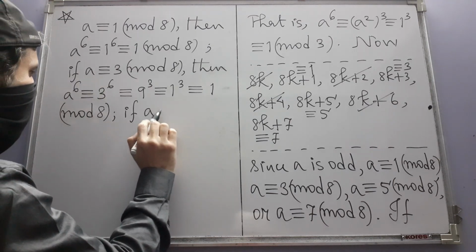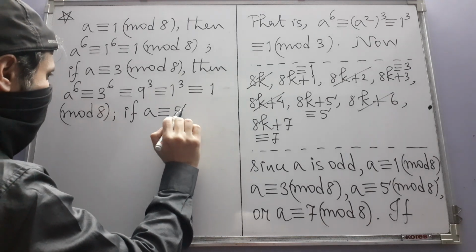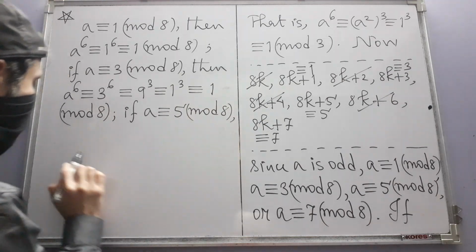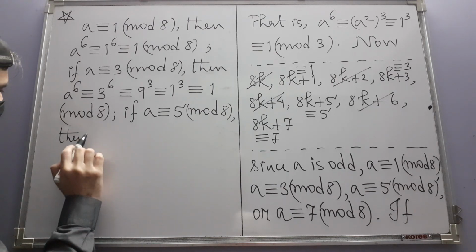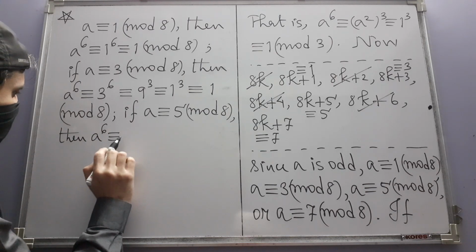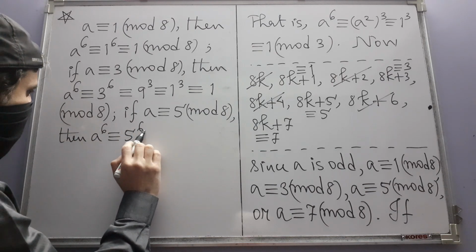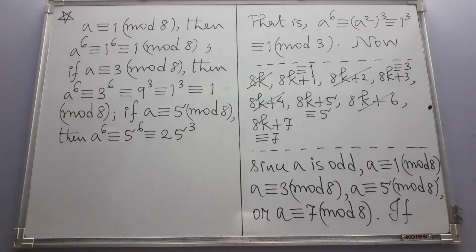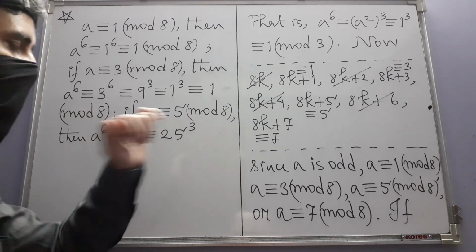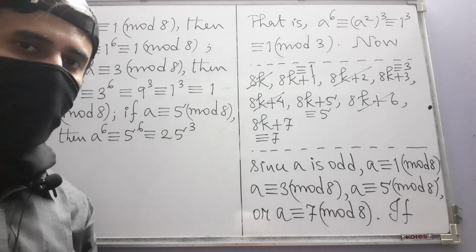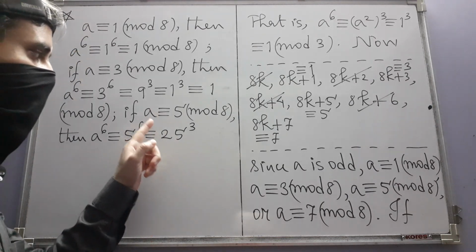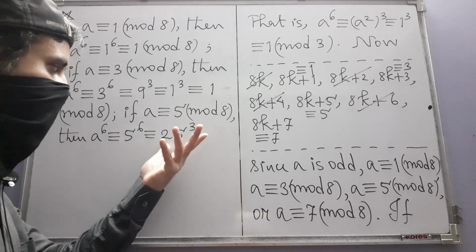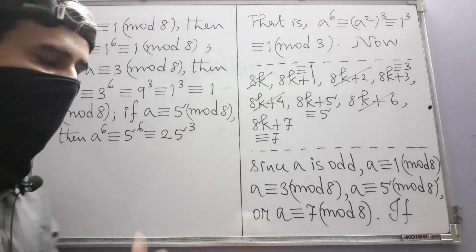Next comes this case. If A is congruent to 5 mod 8, then 5 to the power 6, which however is the cube of 25. Now note that 25 is also congruent to 1 mod 8, because 25 is 3 times 8 plus 1. The remainder when you divide 25 by 8 is 1.